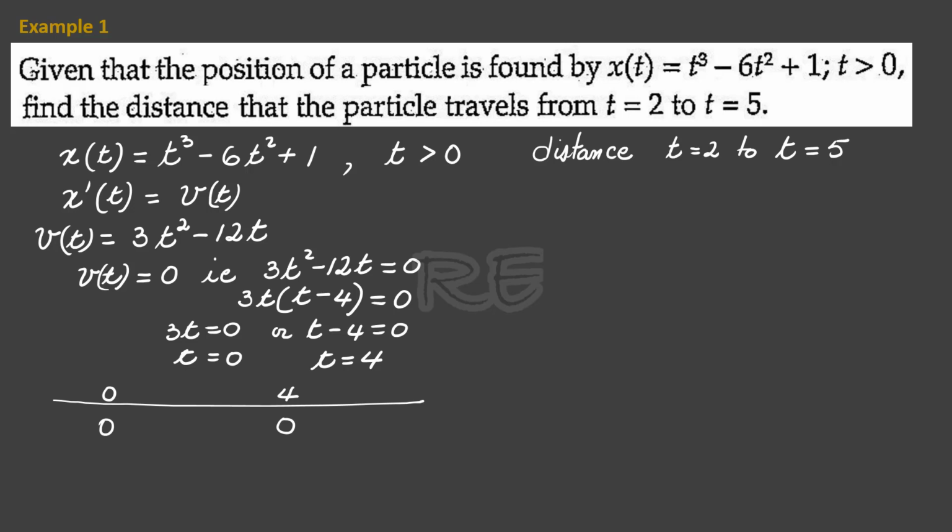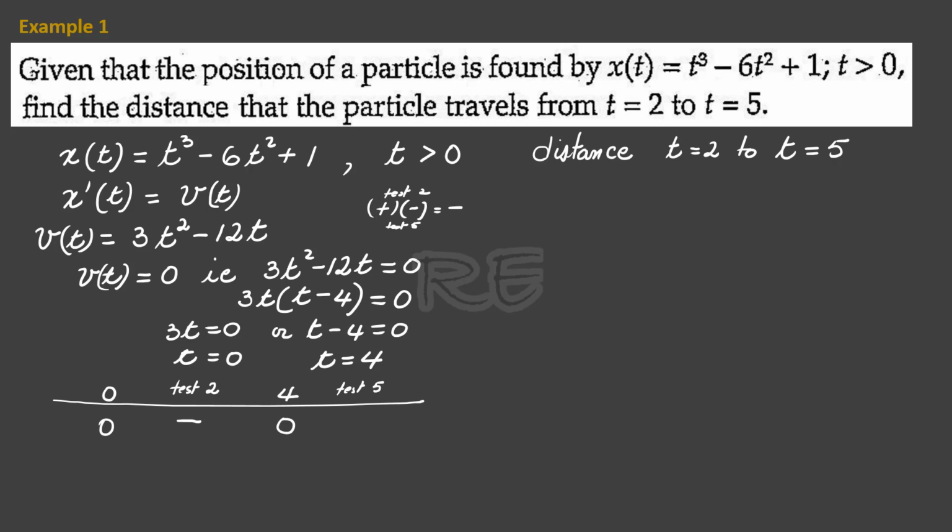We realize that when we test for, let's say, 2, the velocity will be negative. 3 times 2 is positive, and times 2 minus 4 is negative. So the velocity is negative between 0 and 4, which means the particle moves backward to the left.